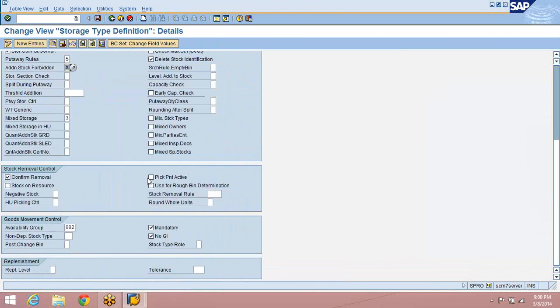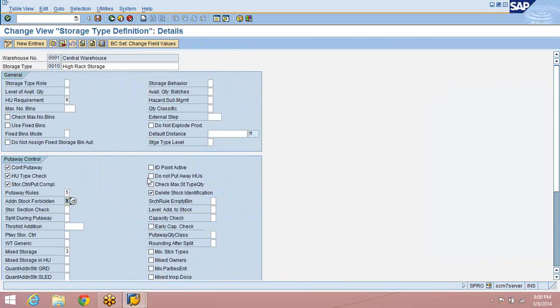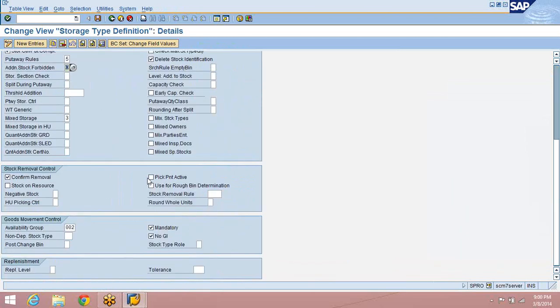There are a few more fields, as you see when we look at the storage type in WM, maybe another 15 fields, which let you control different things additional to the way ECC manipulates it.